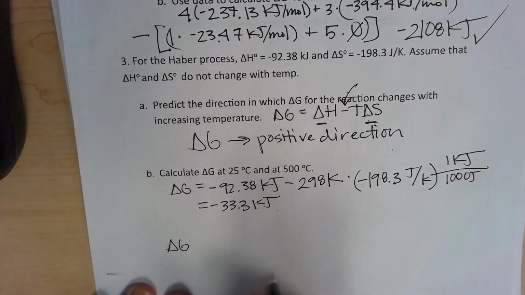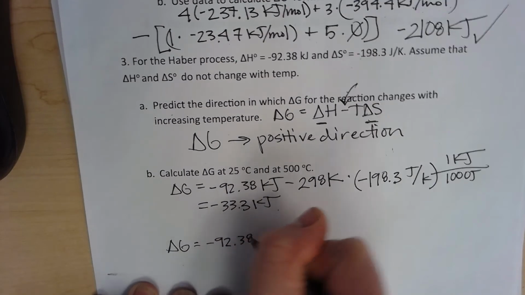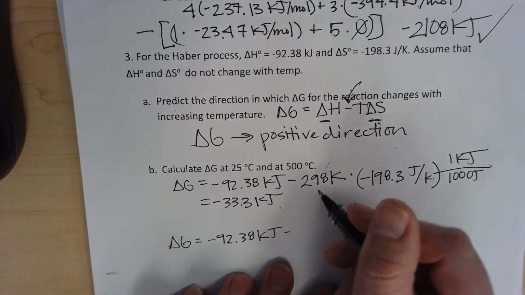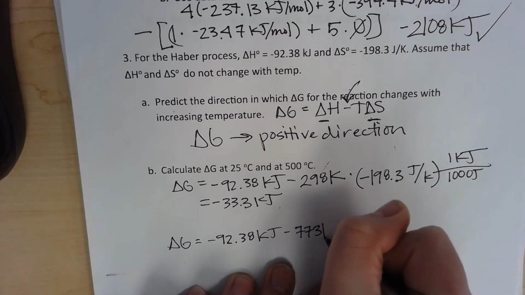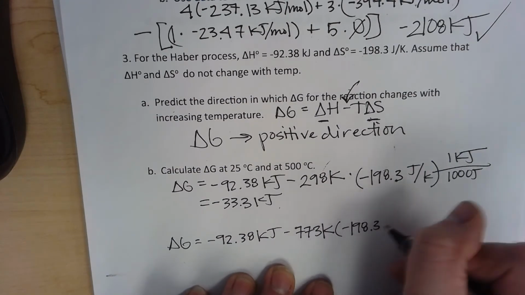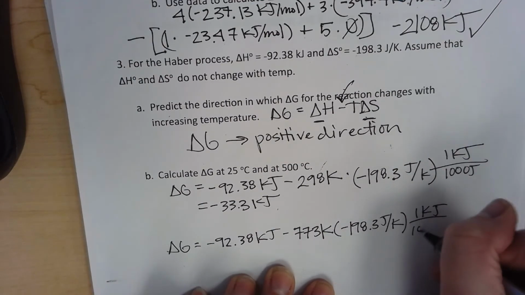Now, delta G at 500 degrees C, we're assuming these don't change. So 500 is going to be 773 K multiplied by negative 198.3 joules per K. Same conversion.